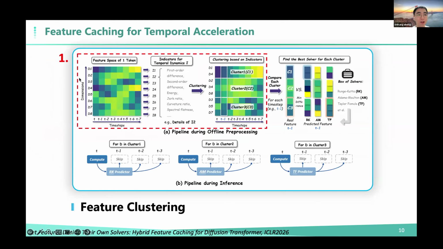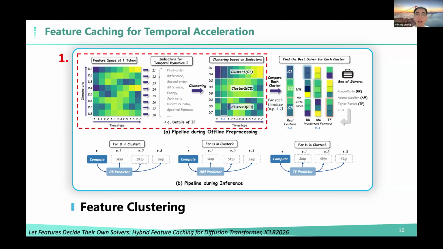For these feature maps, we compute indicators of temporal dynamics. As I said, there are several indicators, such as first order differences and second order differences. These show the trajectory geometry features. Then based on these geometry features, we cluster the trajectories into different groups.